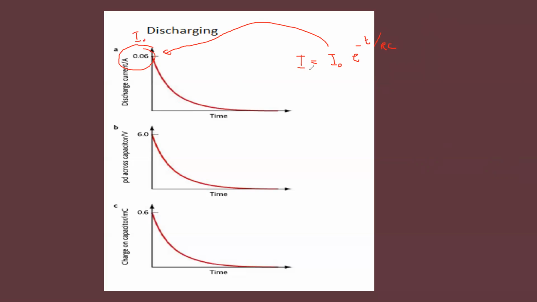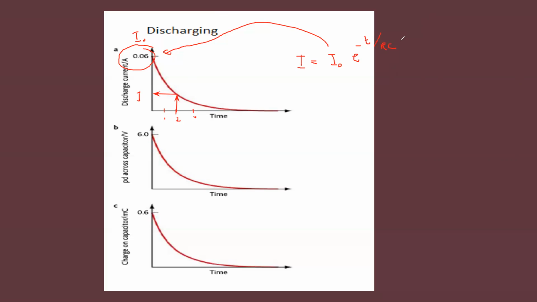What is I? I means the current at a specific time. For example, if a question asks what is the current after 2 seconds, 3 seconds, 4 seconds, the current at that specific time is I. What are R and C?